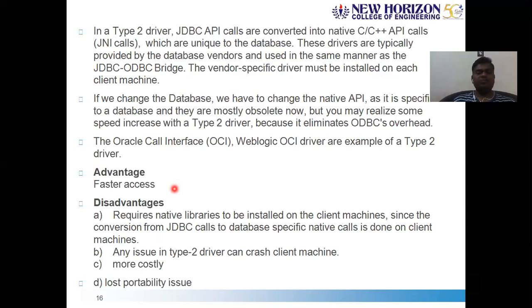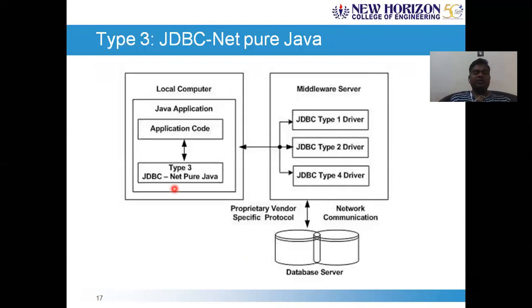Now we'll move on to the type 3 driver. The type 3 driver is net pure Java code, where the JDBC type 1 driver, type 2 driver, and type 4 driver will be there as a middleware, and your Java API calls get translated into the driver specific code.